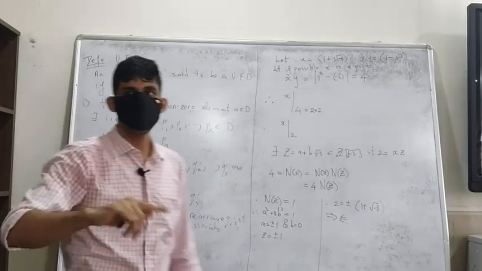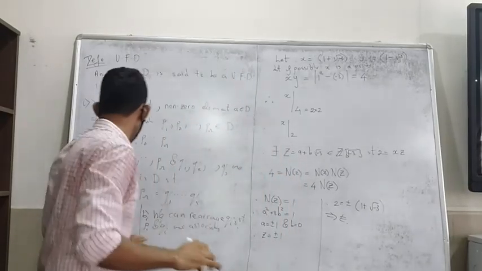That means one is a unit multiple of the other. So this is what you mean by a UFD.